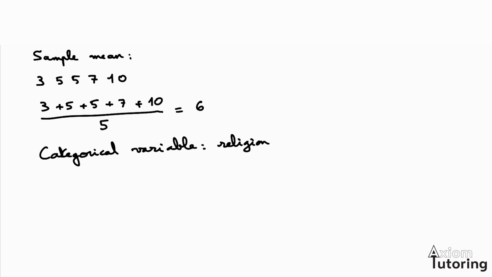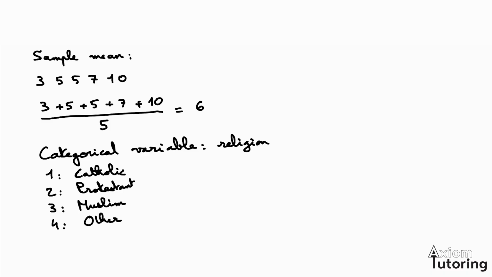Very often, religion will be coded like this: 1 could be Catholic, 2 would be Protestant, 3 would be, let's say, Muslim, etc. And for the sake of argument, let's just add other. So this is my categorical variable.